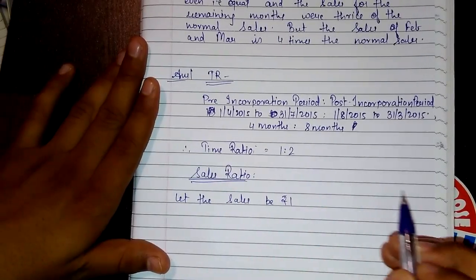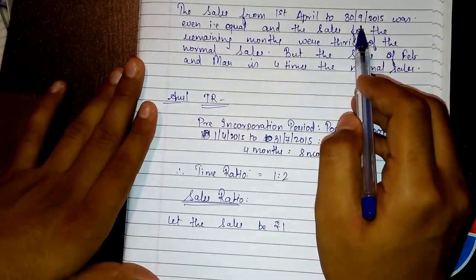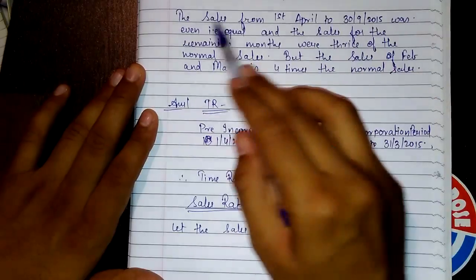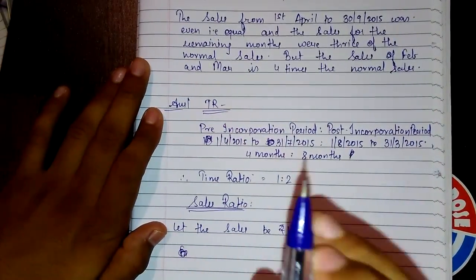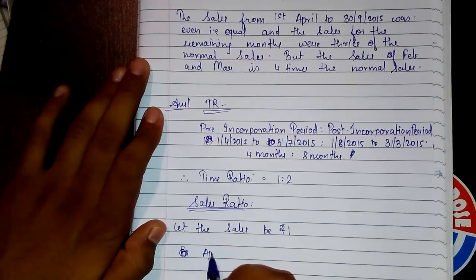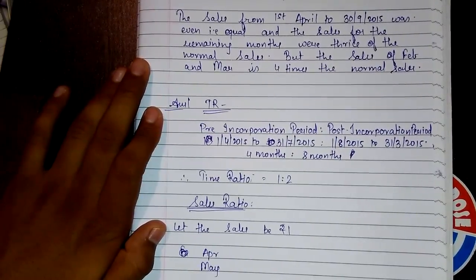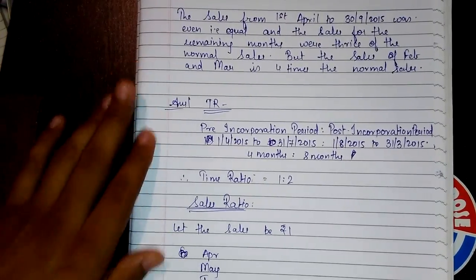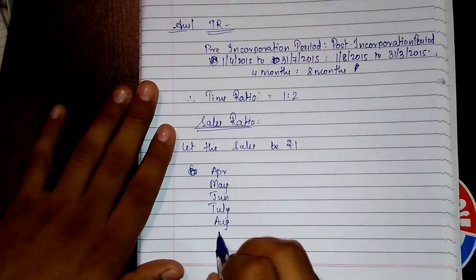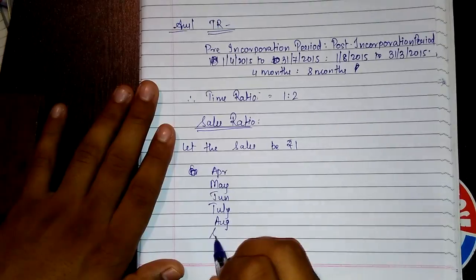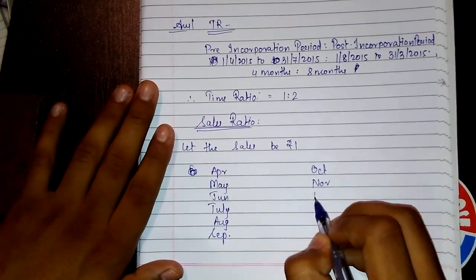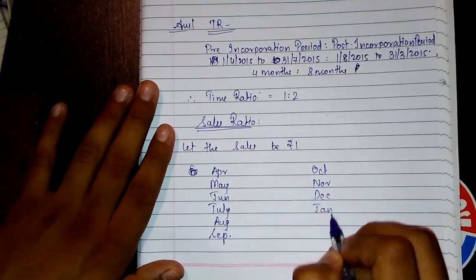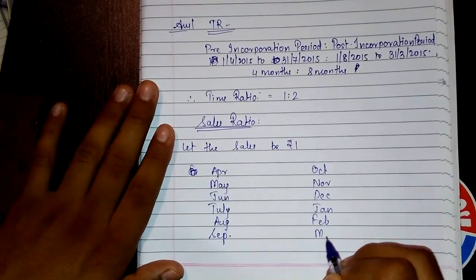So sales from 1st April to 30/9/2015 were even. We'll directly write like this: April, May, June, July, August, September, October, November, December, January, February, March.